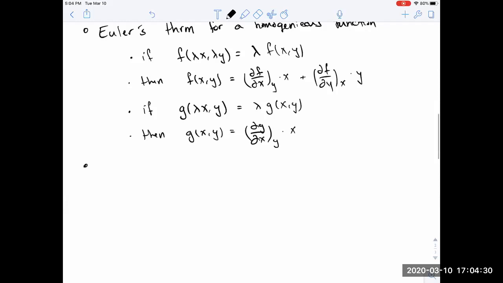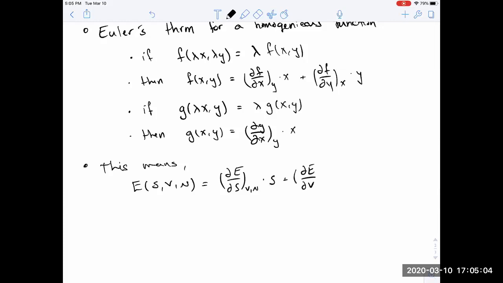So following Euler's theorem, as energy is a homogeneous function of entropy, volume, and number of particles, it must be that the energy can be written as how the energy changes with entropy at fixed volume and number of particles times the entropy, plus how the energy changes with volume at fixed entropy and number of particles times the volume, plus how the energy changes with number of particles at fixed entropy and volume times the number of particles.